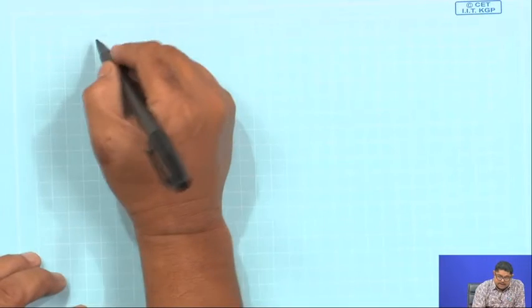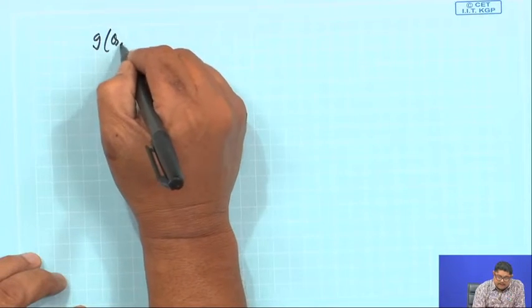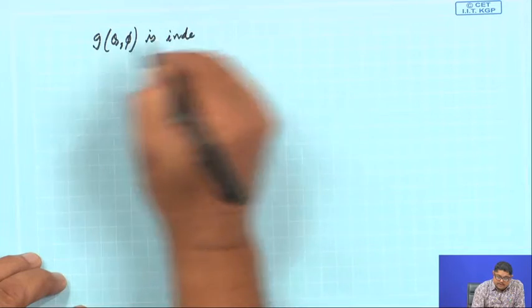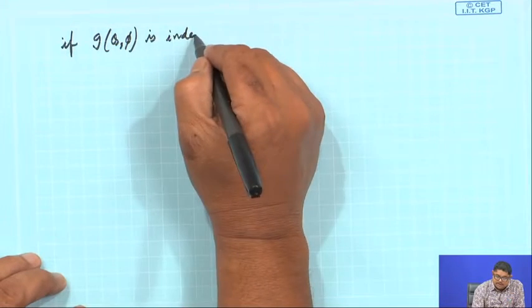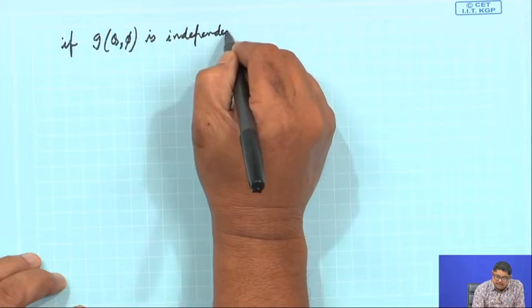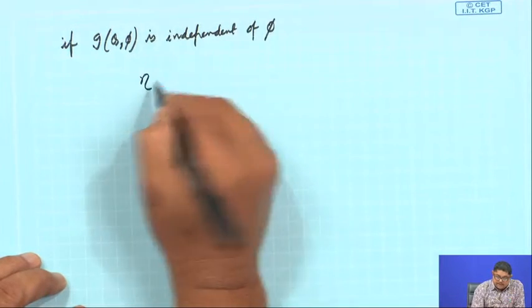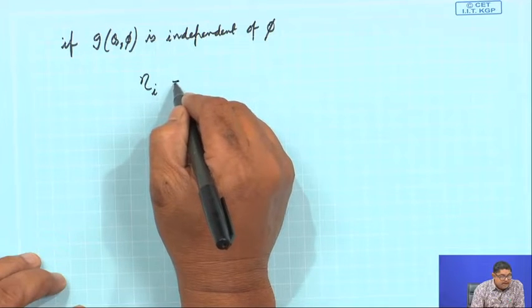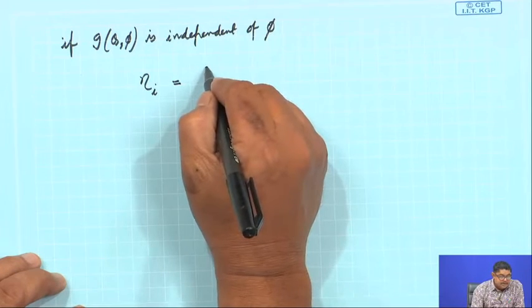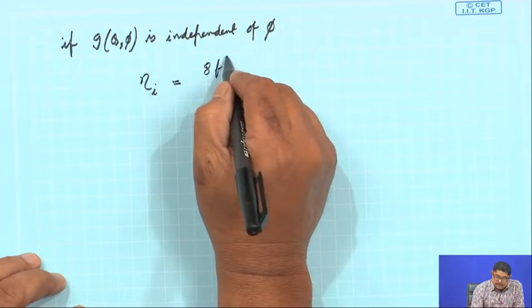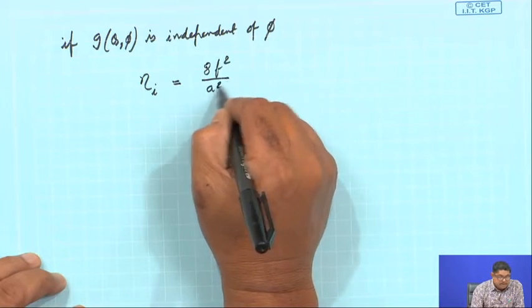So, I write that g theta phi is independent of phi, then you can further simplify this aperture illumination efficiency, that will be 8 f square by a square.